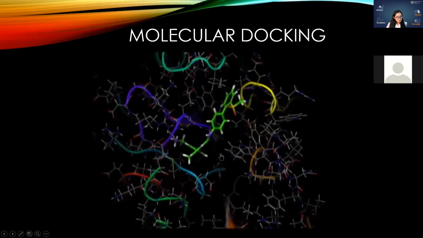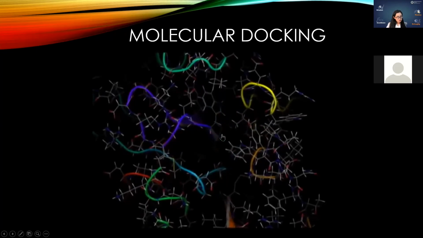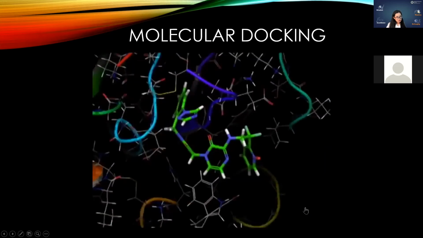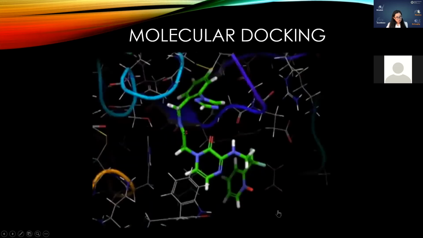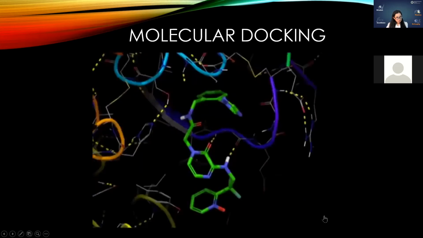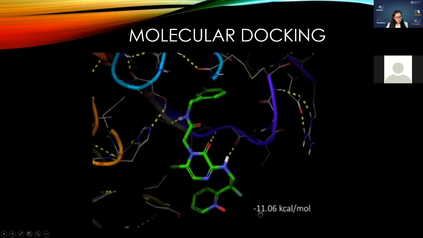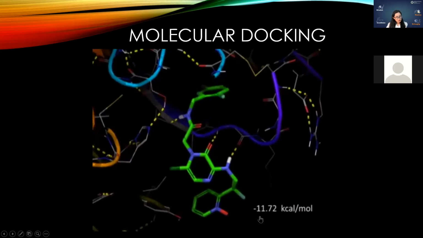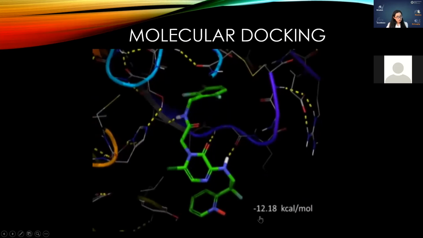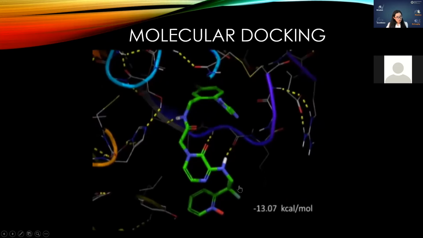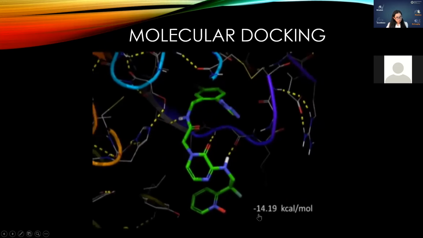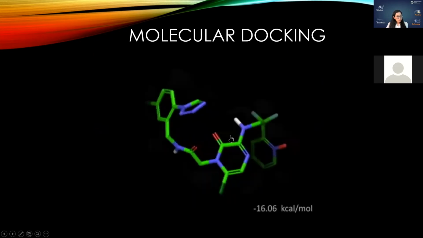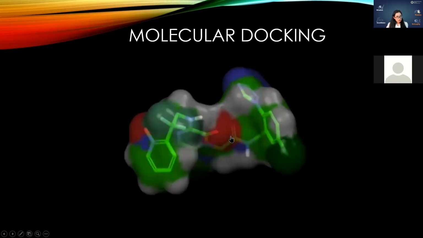Once the molecule has a suitable conformation, it will be calculated to find the lowest energy conformation. So you can see the energy getting more minus, which means lower and lower. And after the free energy is lowest, it becomes the molecule that will be used as the lead molecule.